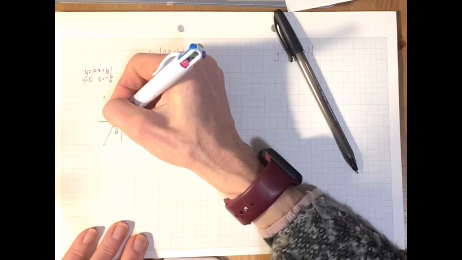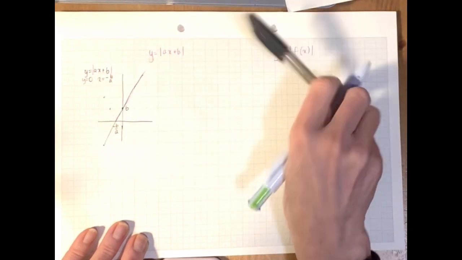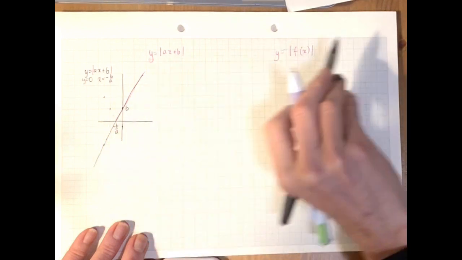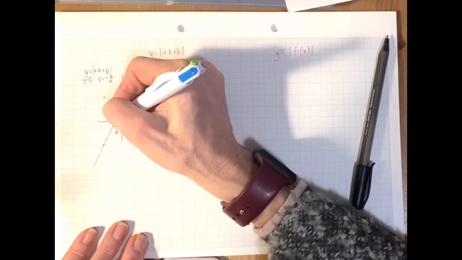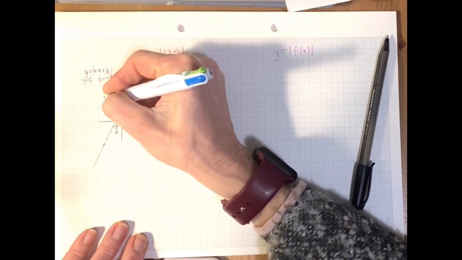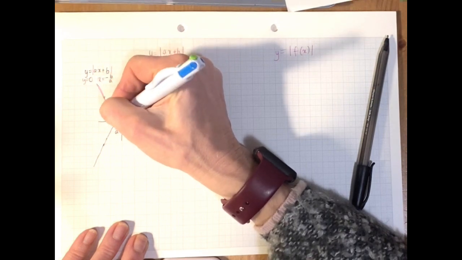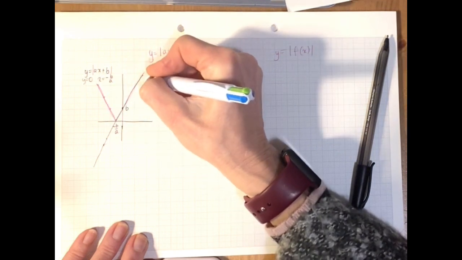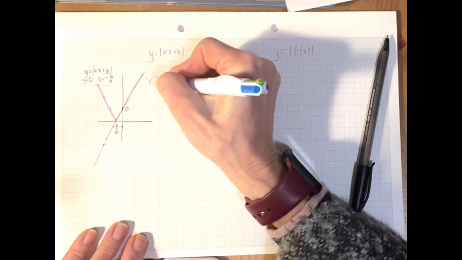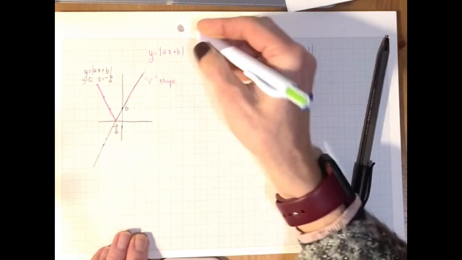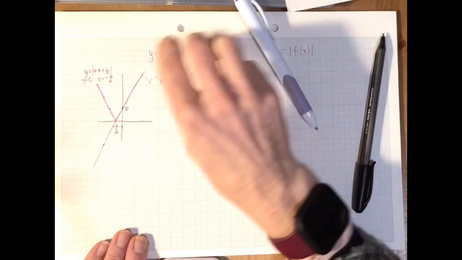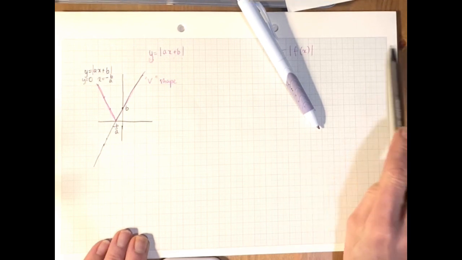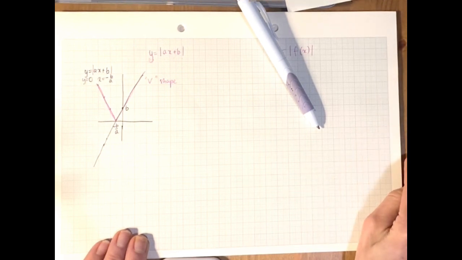You will have a reflection in the x-axis of that part of the straight line that generated negative y's, so that now it generates positive y's. So this is the V shape if it's a straight line that you've taken the absolute value of, the modulus of. So any straight line will always be a V shape.